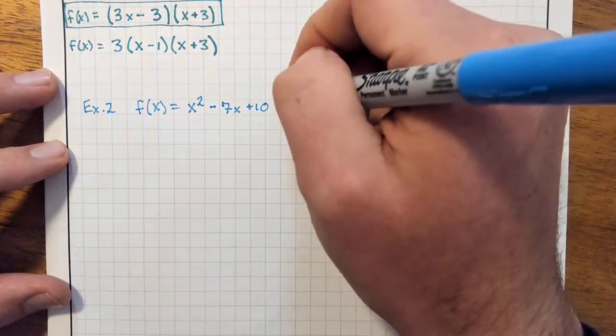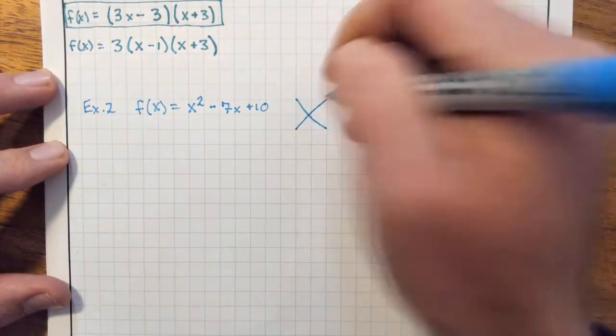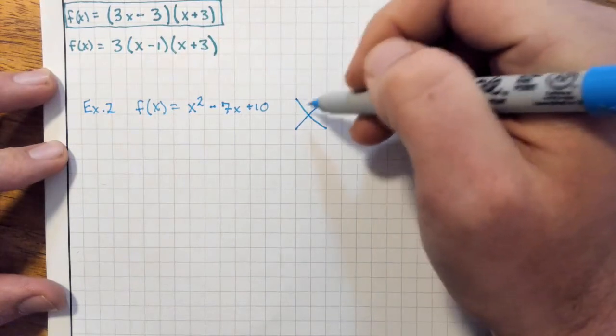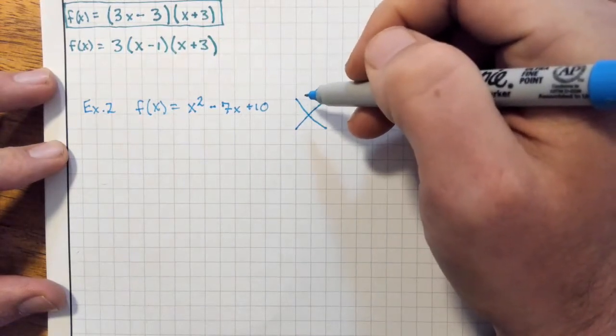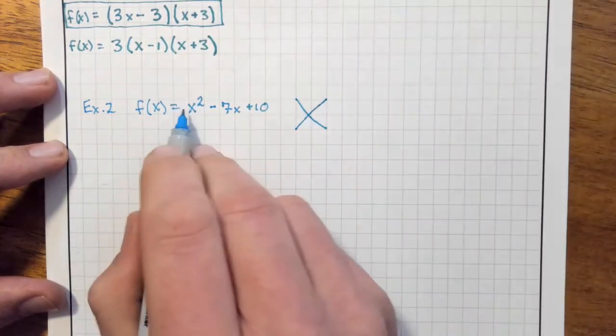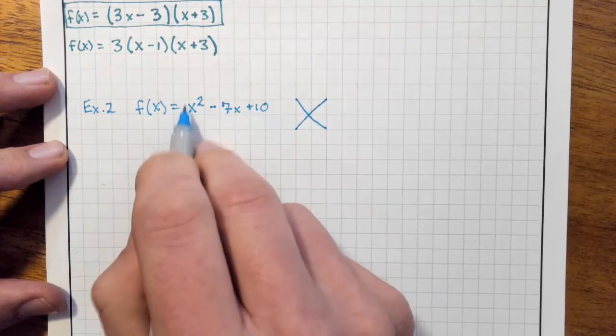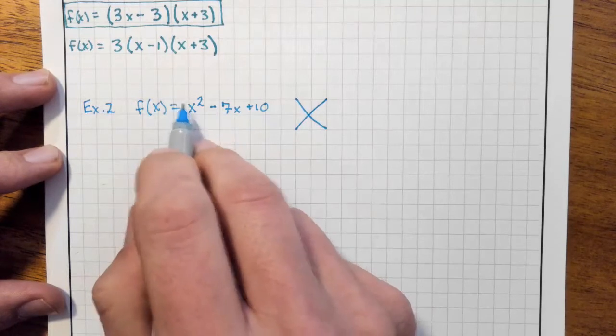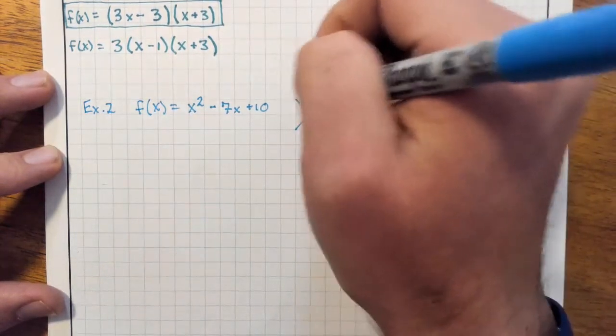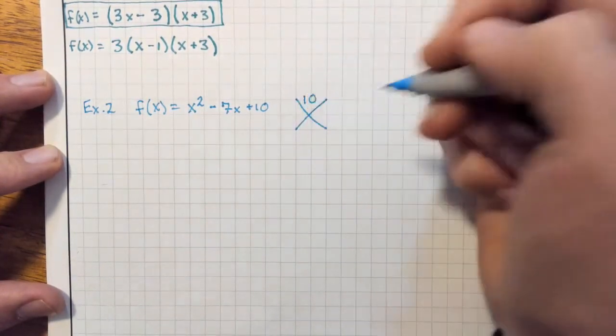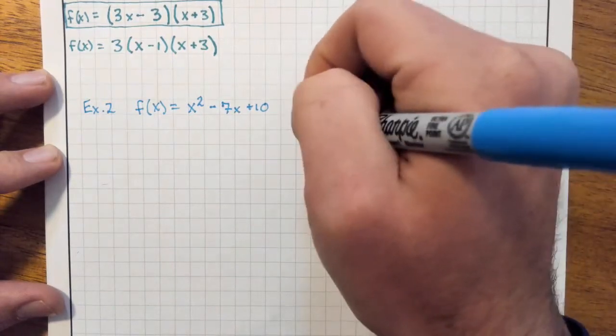We are going to set up this little chart. Now the number on top is the value of a times the value of c. This times that. So it's just understood that there's a 1 here. So I'm doing 1 times 10 to give me 10. On the bottom goes the value of b, which is negative 7.